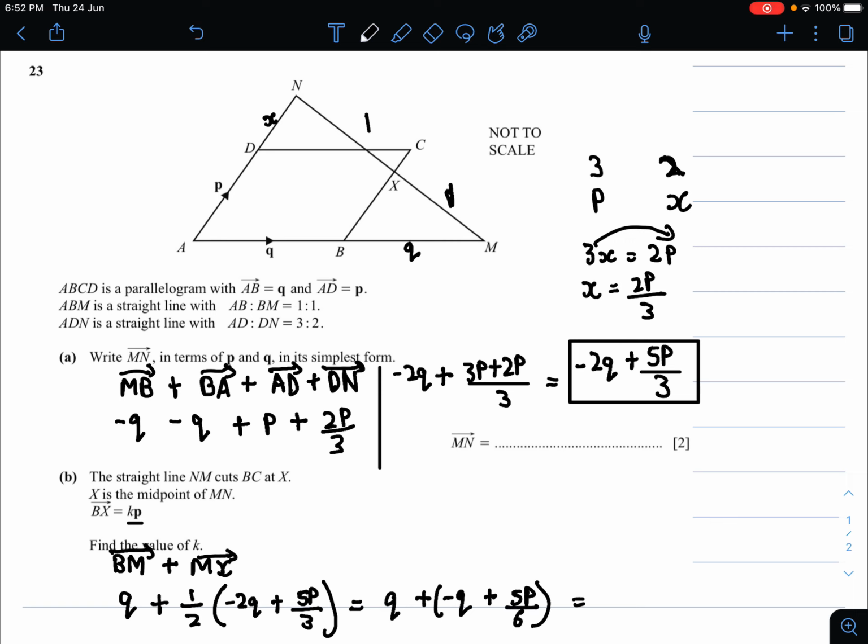Now if we have to simplify further, q minus q will be 0q, and therefore we will be left with 5p by 6, and therefore our k value being 5 by 6. Therefore this is your final answer for question 23.